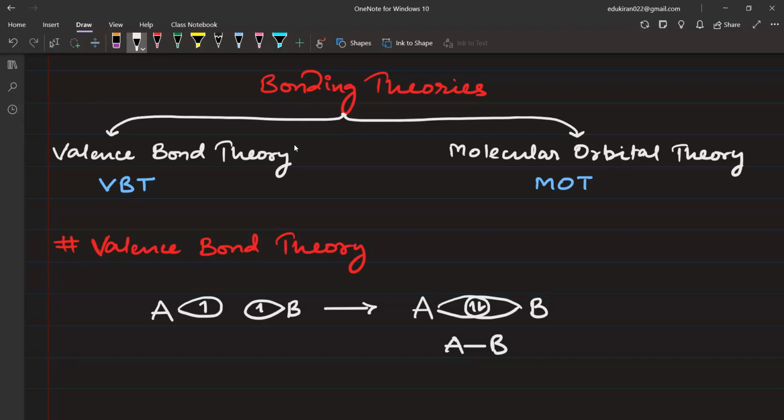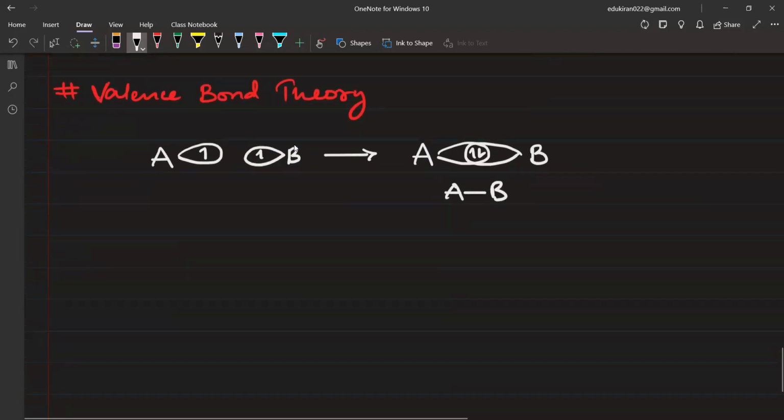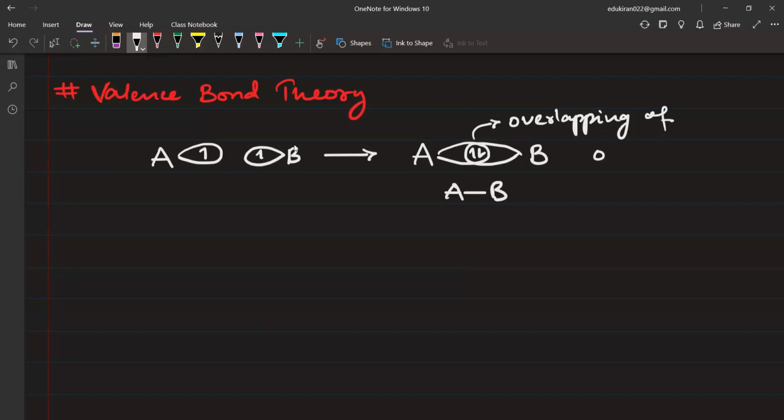So the basic idea of valence bond theory is what? Covalent bond is formed by overlapping of two half-filled atomic orbitals of their valence shell. Okay, please write here. Basically, what is happening here? Overlapping of orbitals. What does VBT say? Please write.